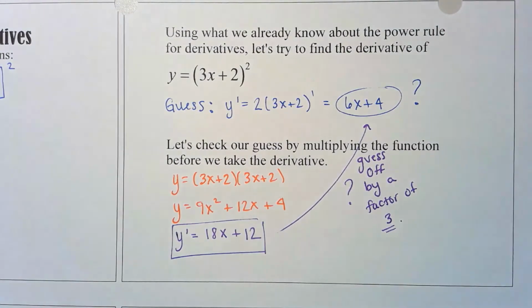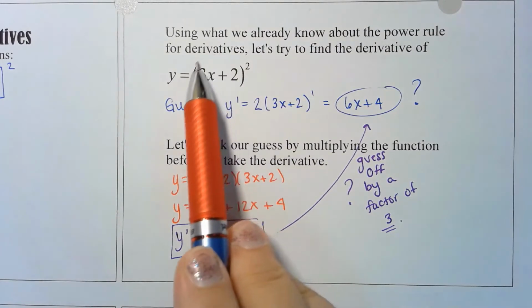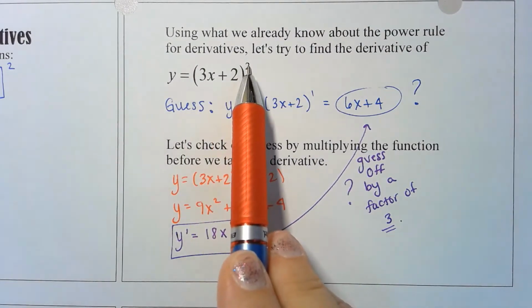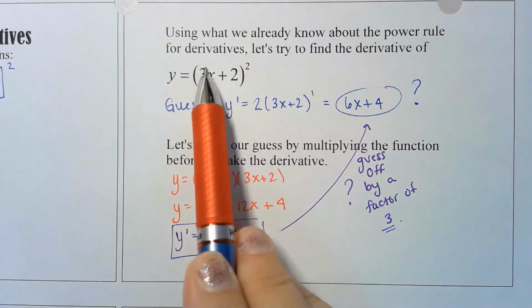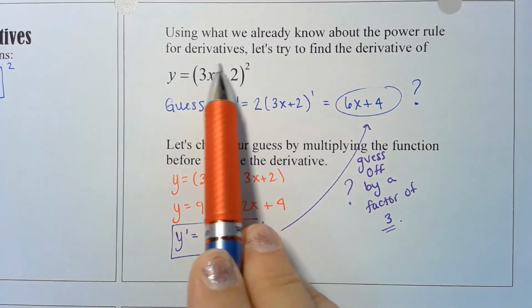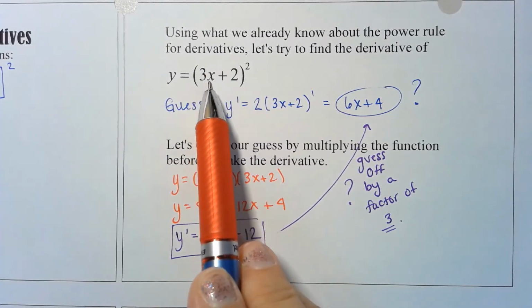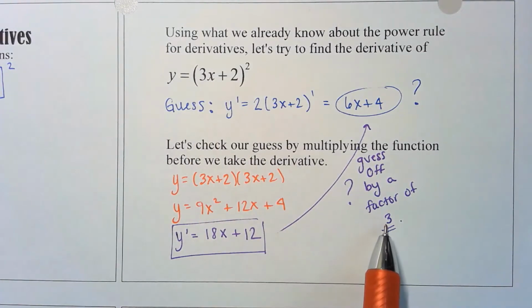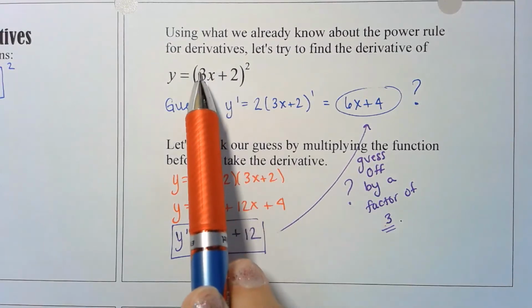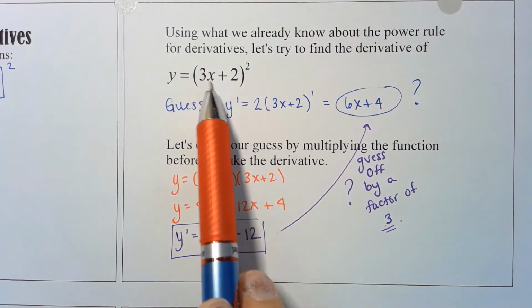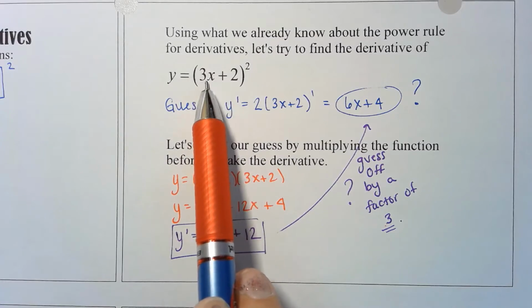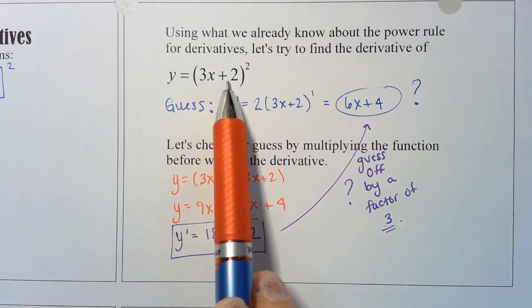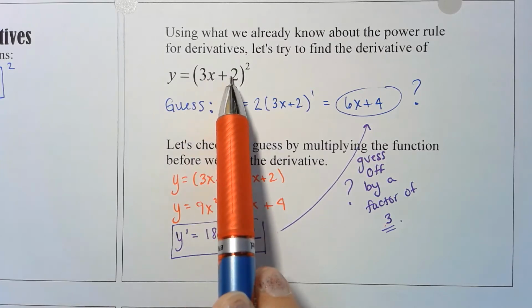Well, let's think about where that 3 is coming from. When we use the power rule up here, we brought the 2 down in front and subtracted 1 from the exponent. But we never touched this because we haven't yet this year needed to do that. But let's think about it. We're off by a factor of 3. Where do you think that comes from? Well, looks like it's the slope of this function. You could also think of it as the derivative of the inside.